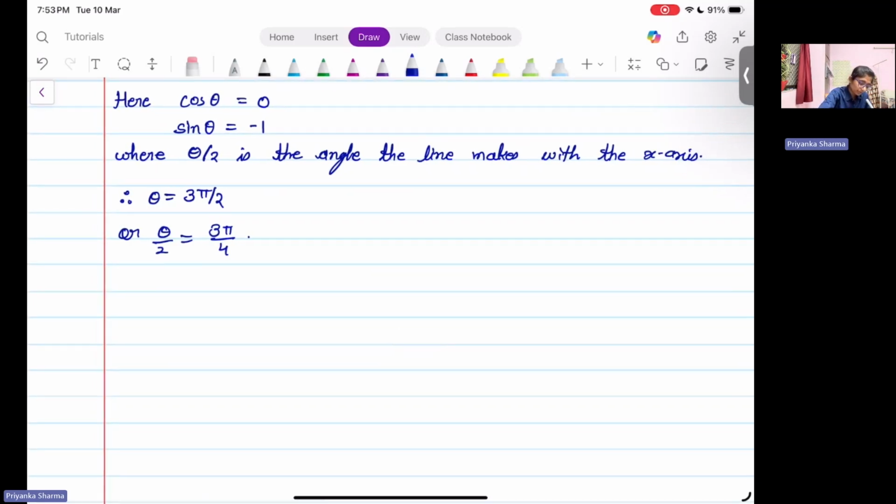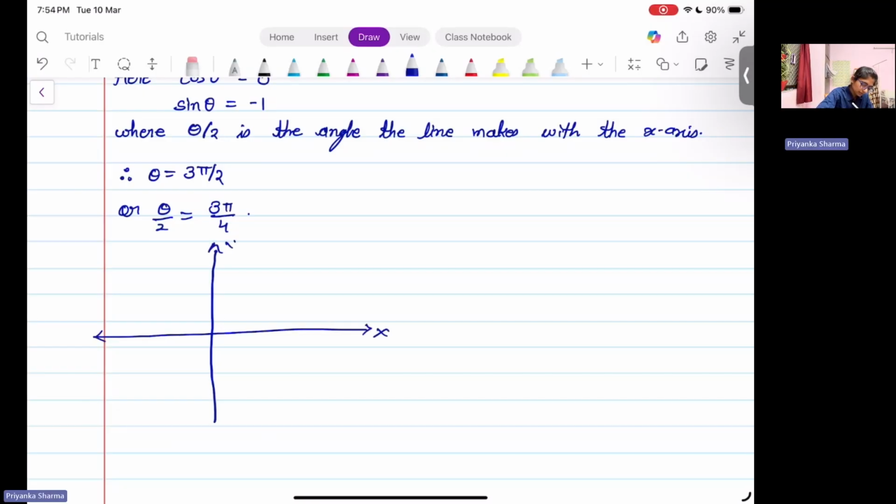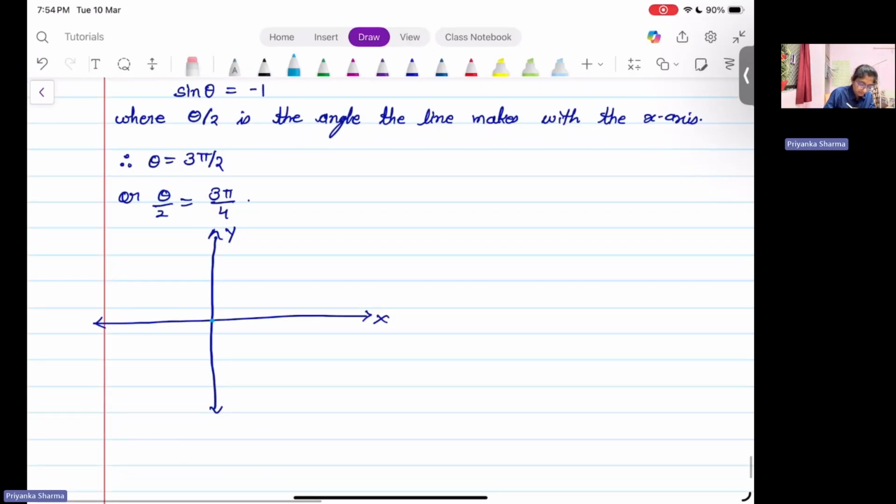So what will be the line actually? The line will be something like this. This is our x-axis, y-axis, and now the line passes through the origin and makes an angle 3 pi by 4 with the x-axis. So the line will be this one.